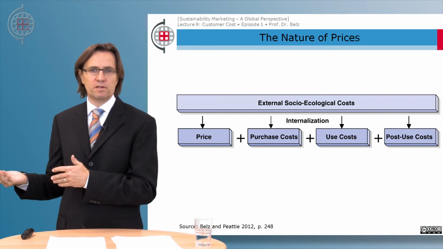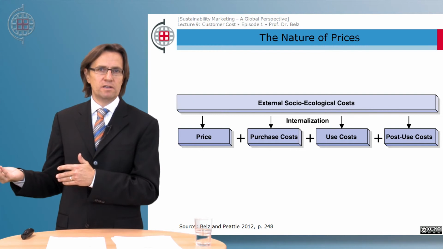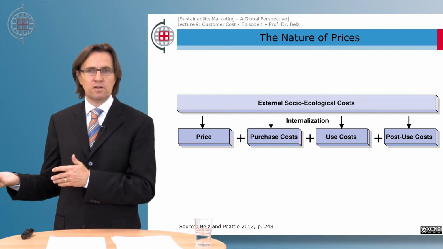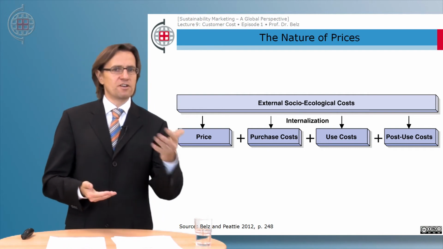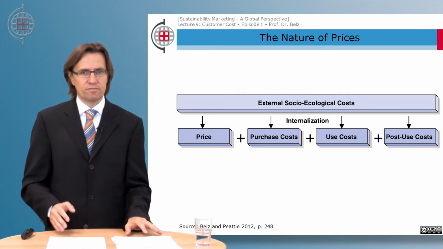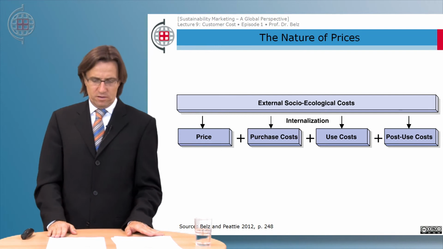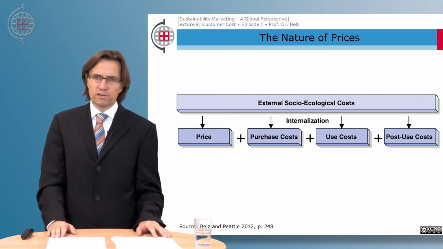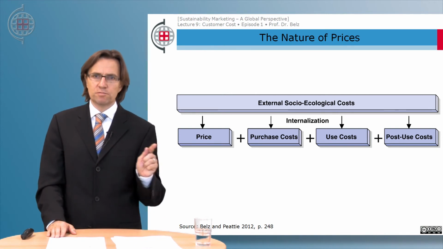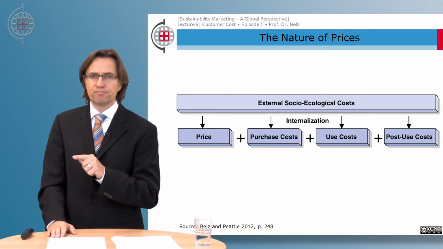For example, the children in the African mines, or future generations, or the natural environment. So that's why I would say sustainable products are not too expensive, but conventional products are too cheap.